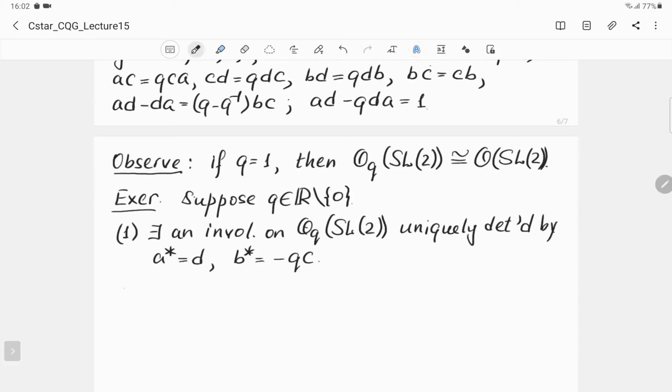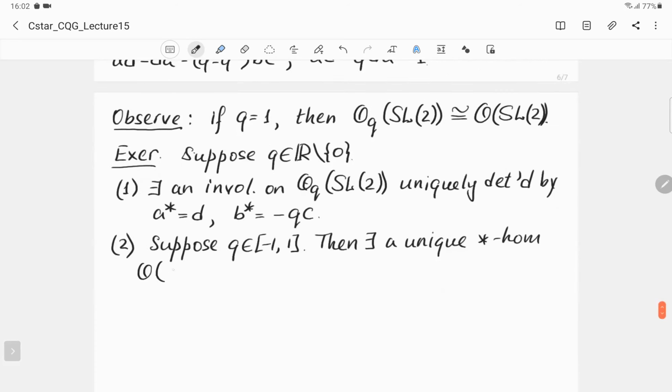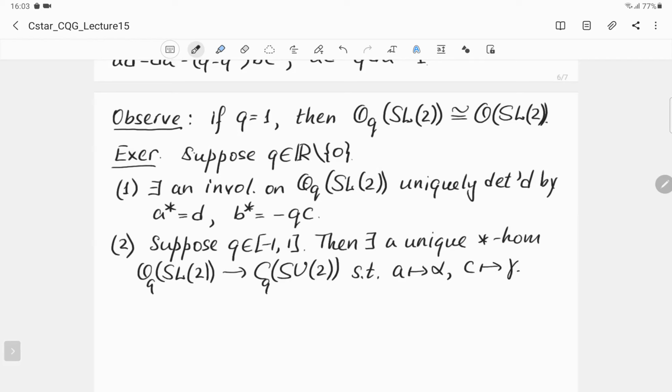Now exercise 2. Suppose now that Q is between -1 and 1, so that the quantum SU2 group is defined. Then there is a unique star homomorphism from the algebra of regular functions on the quantum SL2 to the algebra of continuous functions on the quantum SU2, which takes A to alpha and C to gamma.